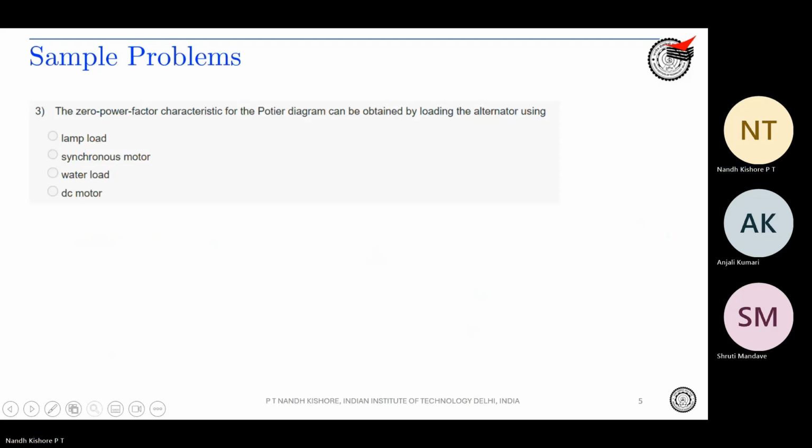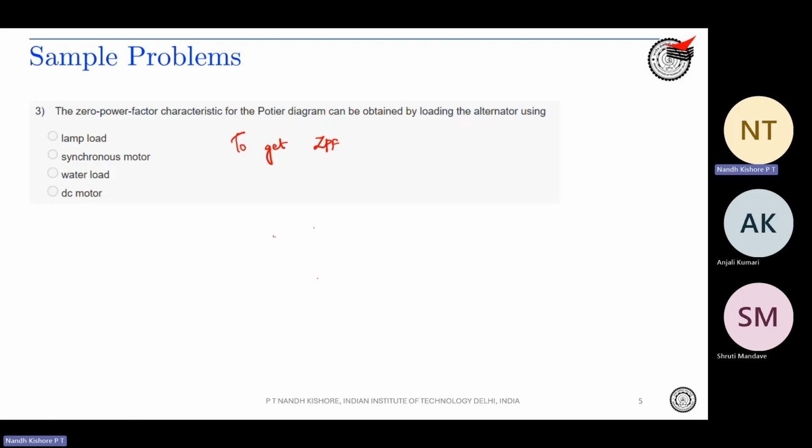So one thing is that to get 0 power factor, we need a load that would draw reactive power, right?